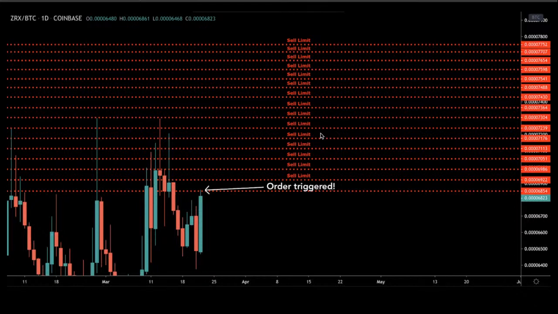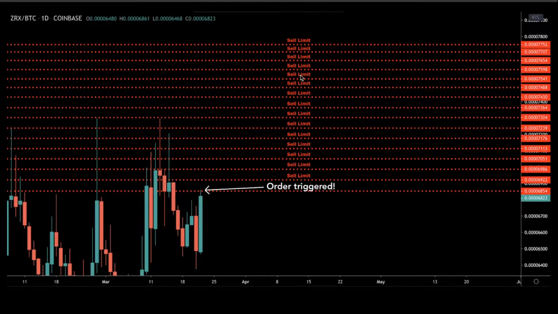So you are not willing to have any orders to buy the base currency using your quote. You only want a sell zone, only sell limit orders. So that means that you either must have enough of the base currency at the beginning, or if you don't have it, you must buy it if you want to place that amount of sell limit orders here.